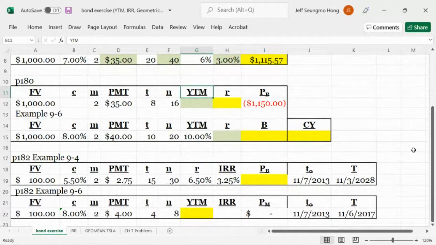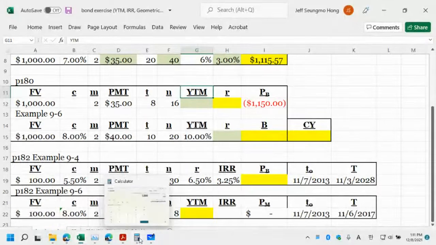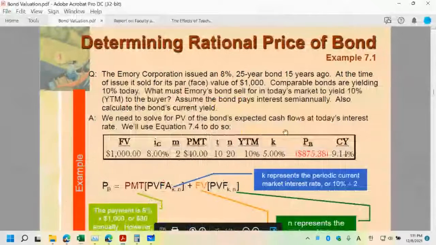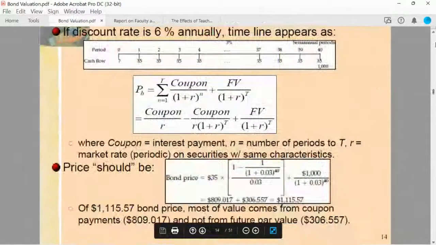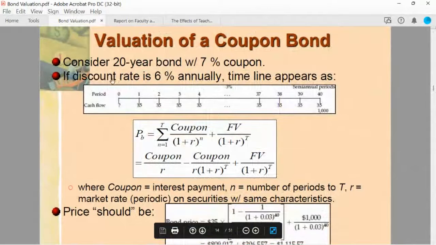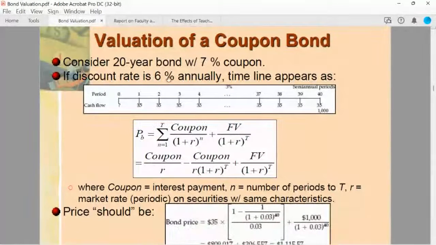Now, do you remember that I said in the previous classes, this example says the discount rate is 6%, but I told you over and over, this is not the way it is worded. They hardly say it this way.